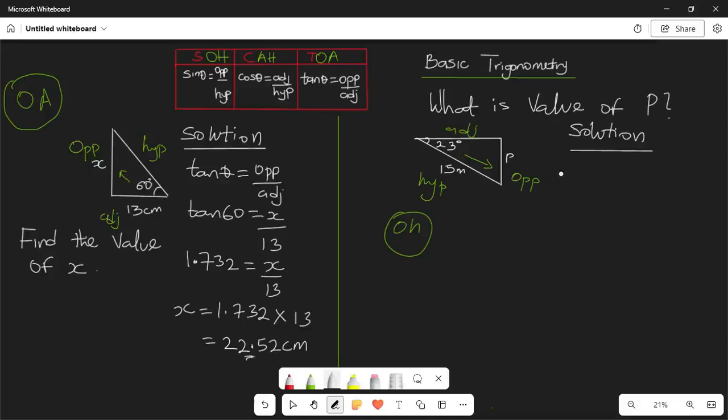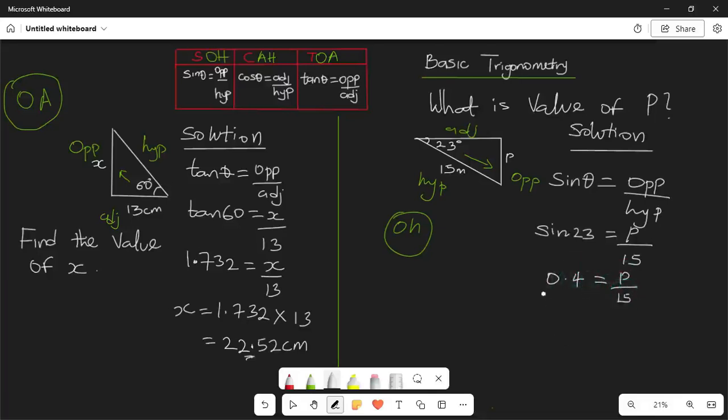So sin theta is equal to opposite over hypotenuse. So sin 23 is equal to p over 15. Sin 23 will give us 0.4, equals p over 15.